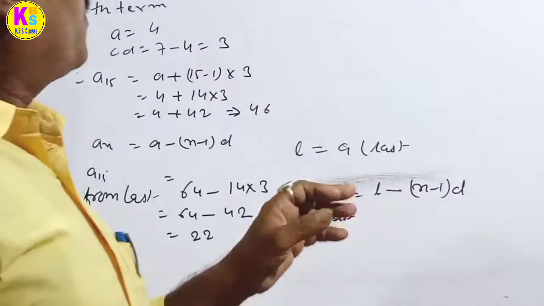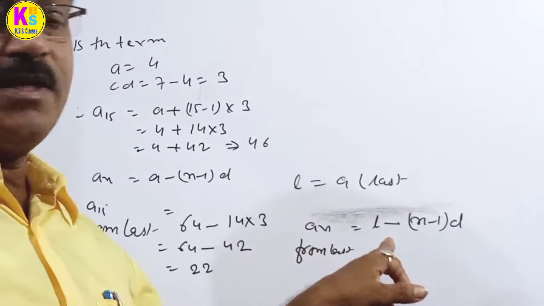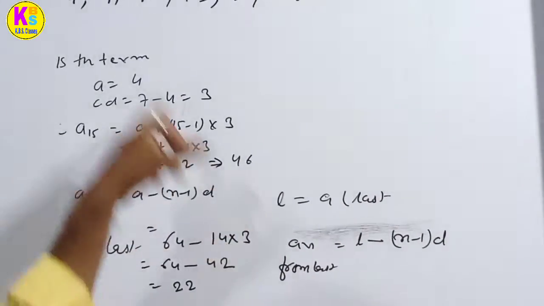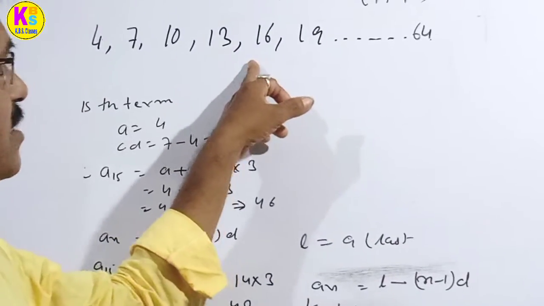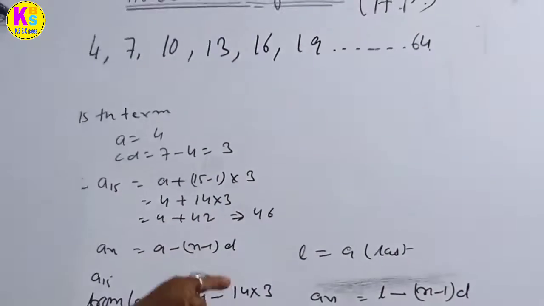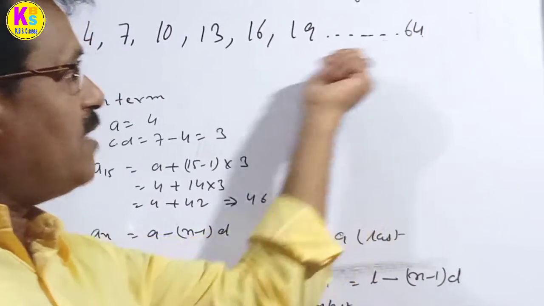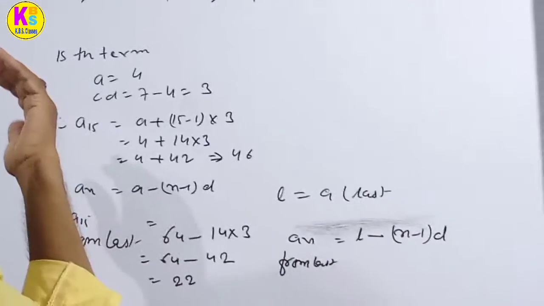Whenever you are taking from the last, this minus sign should be given, because when you are taking from right to left, the sign of the common difference will change, because you are going in the opposite direction.